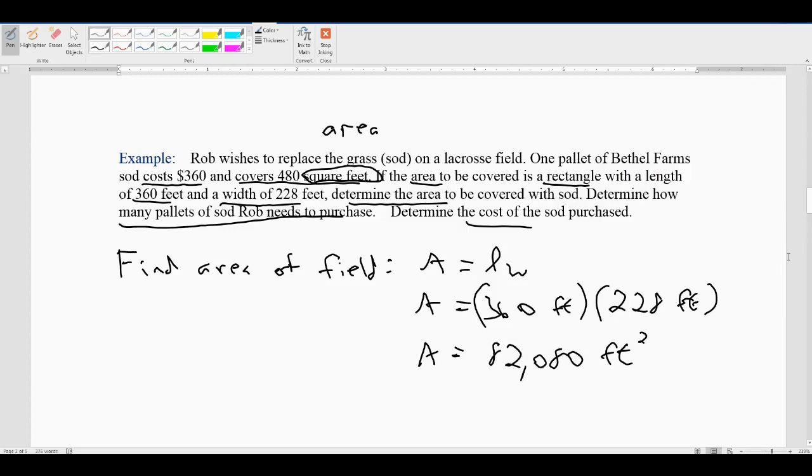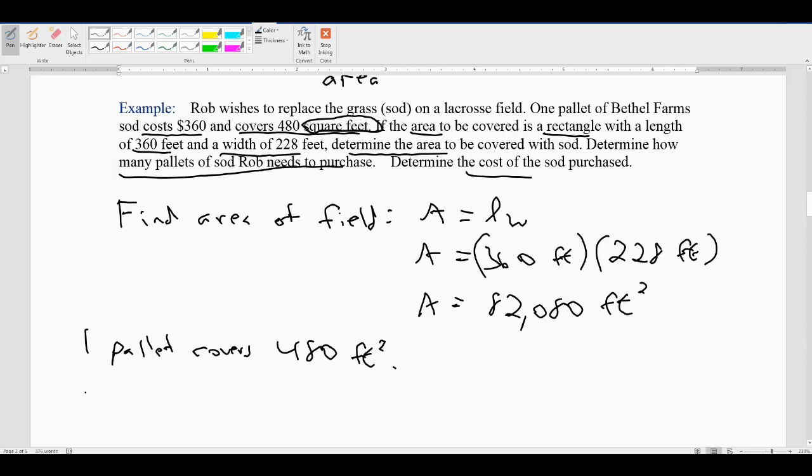Now we've got the area. Now we need to know how many pallets are needed. Well, one pallet covers 480 square feet. So how do you find the number of pallets? It's found by taking the total number of square feet of the field, which is 82,080, and dividing that by 480, because that's for each pallet.